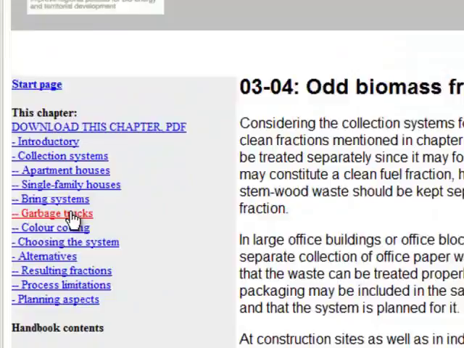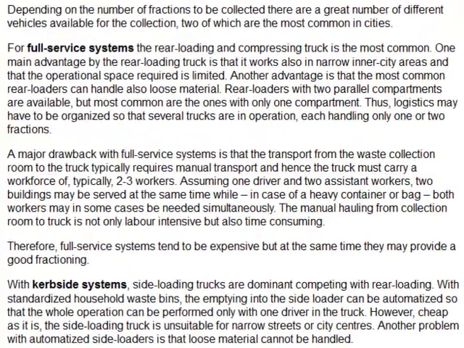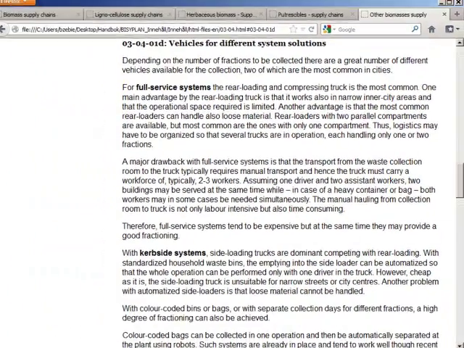For waste fractions, there are a number of different types of vehicles available. Common to these systems that handle waste and waste fractions, especially from households and in cities, is that many of the vehicles, whether they are loaded from the rear loaders or side loaders or whatever, are very often equipped with an internal compressor to compress the material and hence to increase the bulk density and to get a better economy than they would if they were not compressing the material.